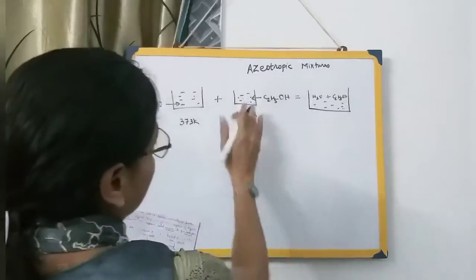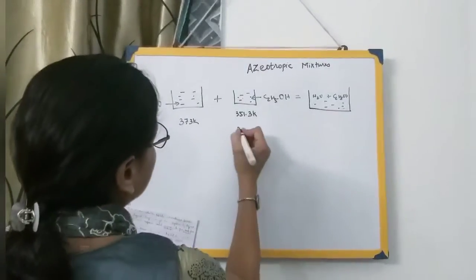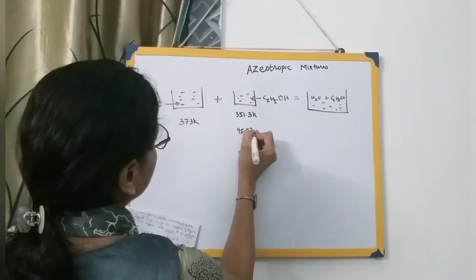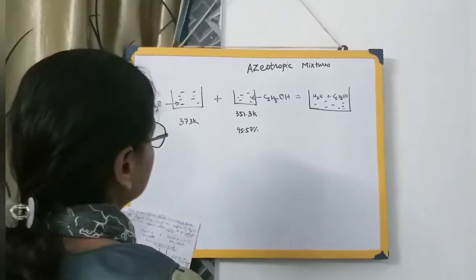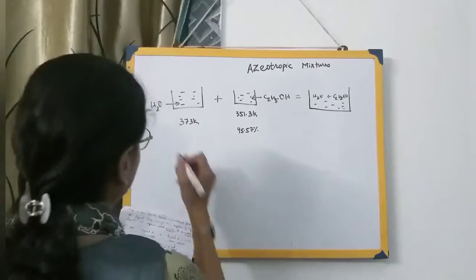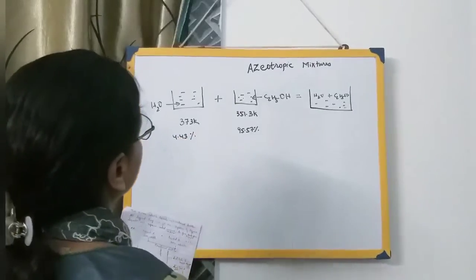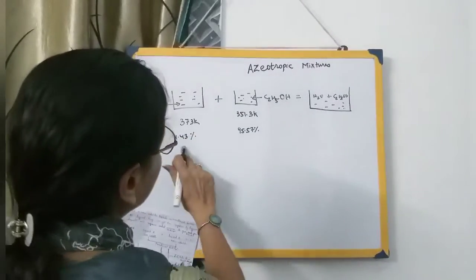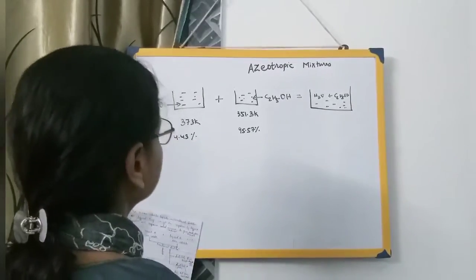We are taking a constant composition of both these components: 95.57% ethyl alcohol in the solution, and the remaining 4.43% will be water, and with this composition you are making a solution over here.